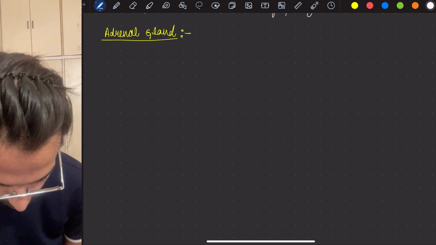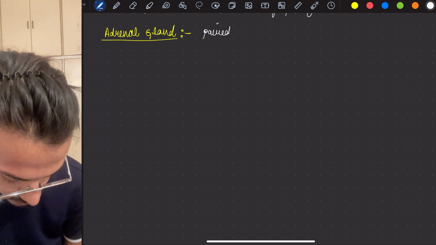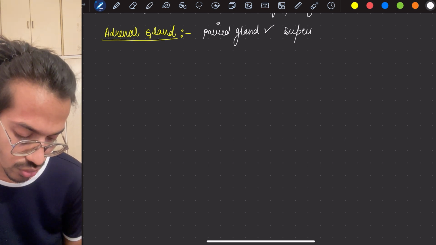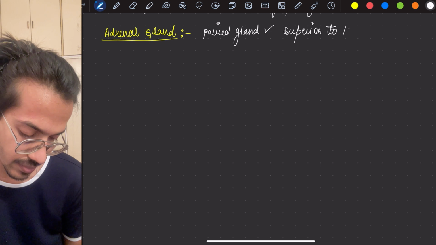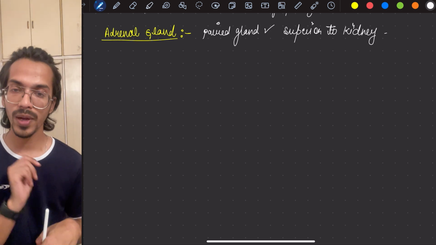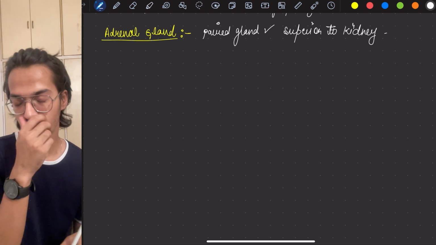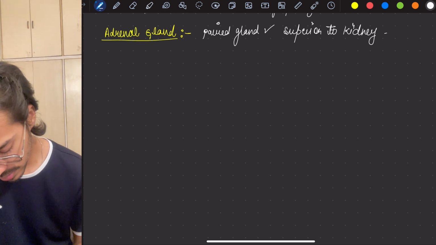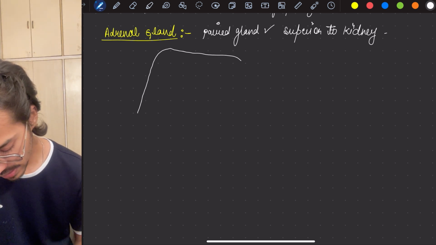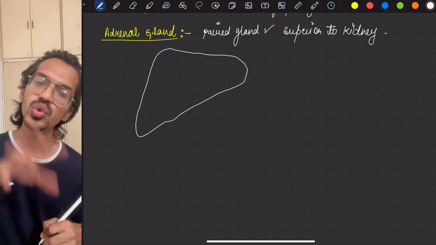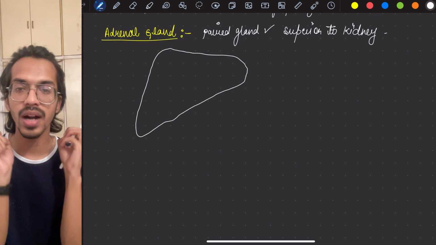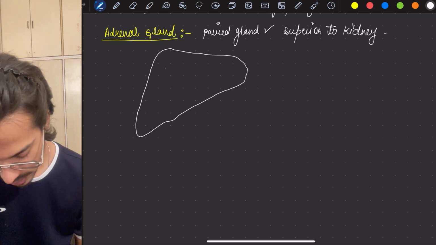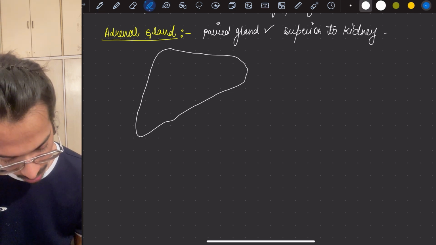Okay, it is a paired gland present superior to the kidney. The next thing you have to remember is that it is a triangular shaped gland. If I'm drawing it, it's like this, and it has two parts, a cortex part, the outer part, and the medulla part. So I am making the cortex part of it. Okay.